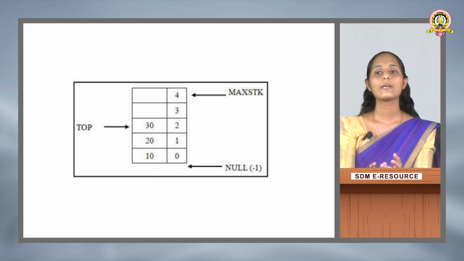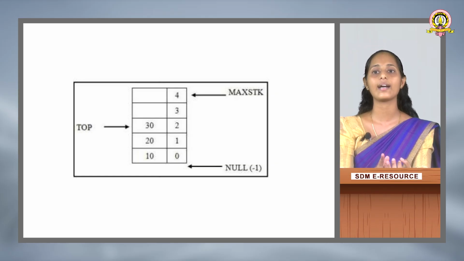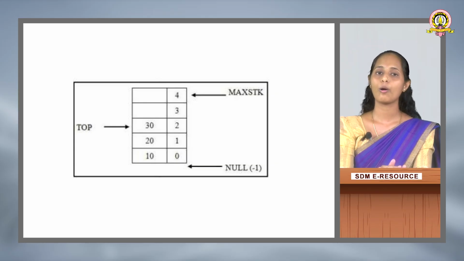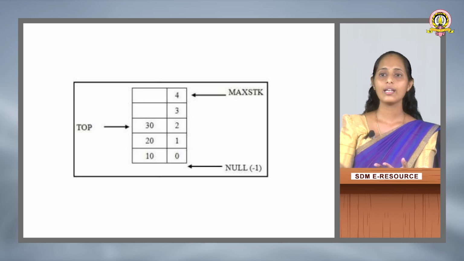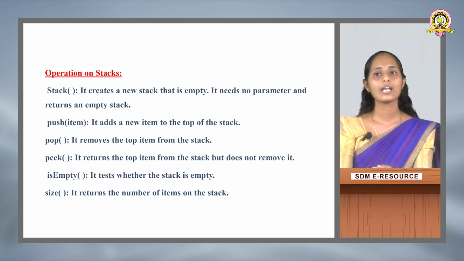Here top is 30. For maximum stack I have taken the size 4, but I have inserted only 3 elements, and base is considered as -1. So 3 concepts are required: top, maximum stack and null. Top is the top element, maximum stack is how many items you are going to store in the stack, and null, which is -1, is the base of the stack.